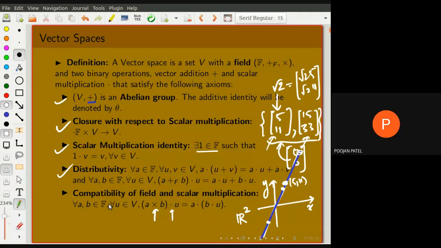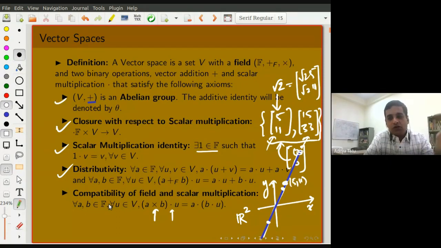But we also saw that we really need not look at all the group axioms, because if on the larger set all group axioms are satisfied, then on a smaller set some of them are automatically satisfied, for example associativity. So we need not look at associativity if we want to show that a subset of the group is a subgroup. In the same manner here, the definition of subspace is that the subset should also be a vector space.